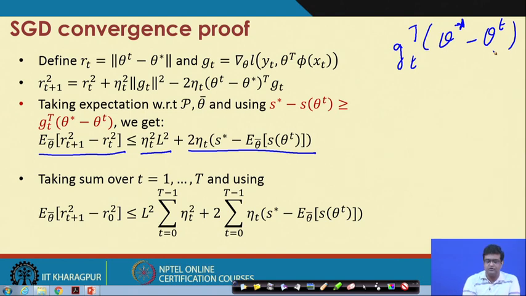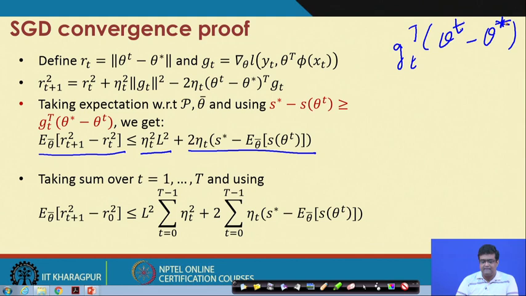In other words, we want to provide an upper bound over theta t minus theta star.